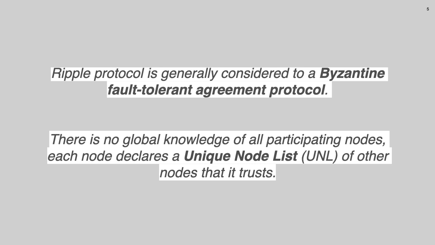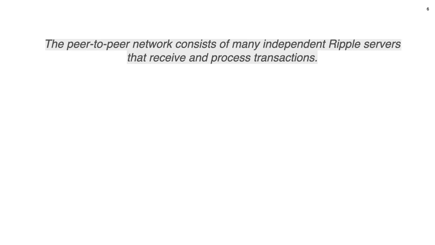In contrast to traditional Byzantine agreement protocols, there is no global knowledge of all participating nodes, but each node declares a unique node list, shortly called UNL, of other nodes that it trusts. On the next slide, I'm going to show you an example of how this looks and how it's configured.